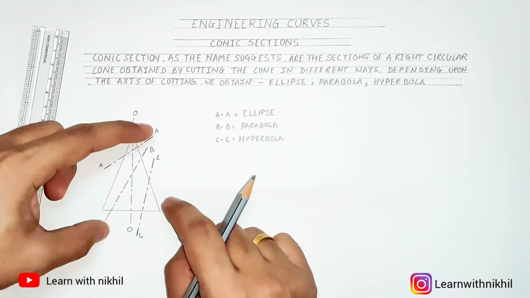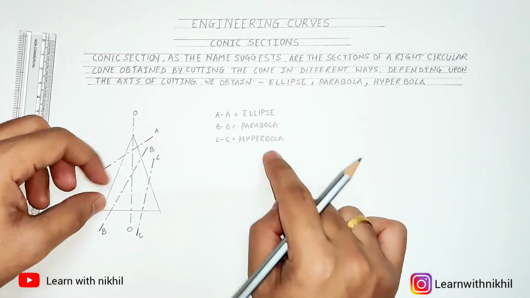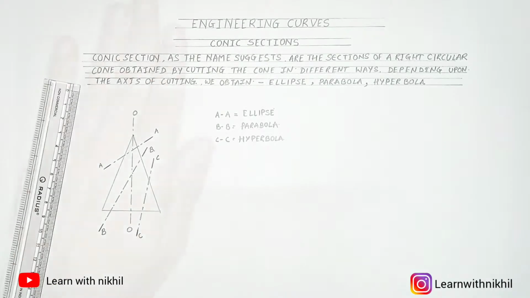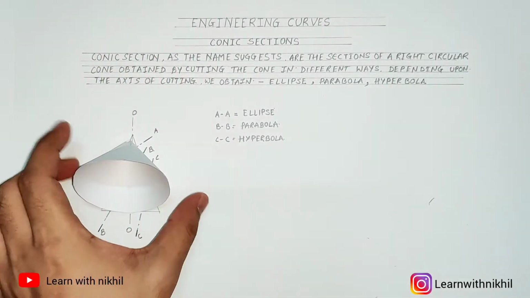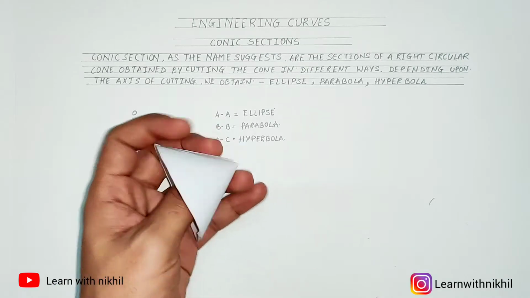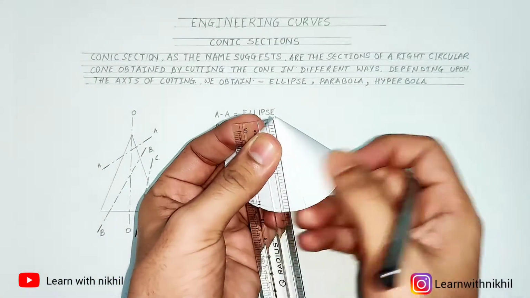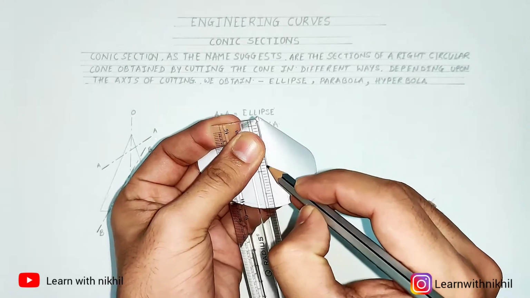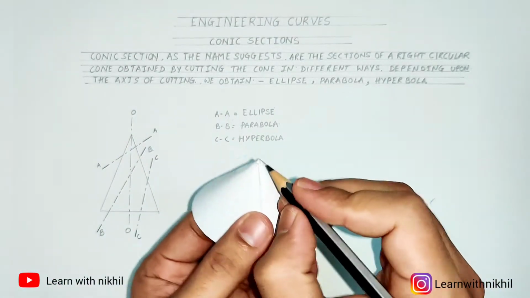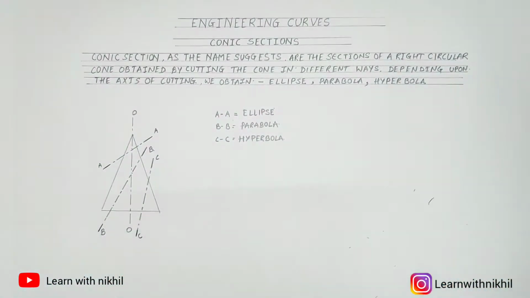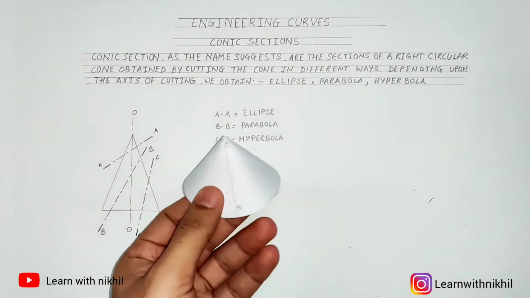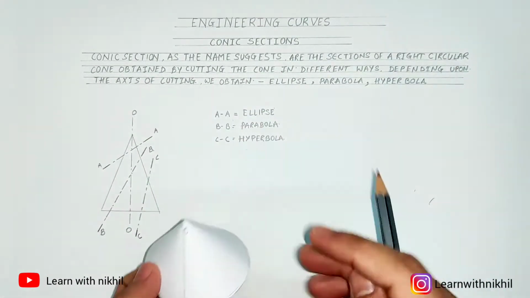Now to explain this part in a much better way, I'll show it through a three-dimensional view. This is a cone. Now I will mark the center line as O, O', which has been shown in the two-dimensional figure also.